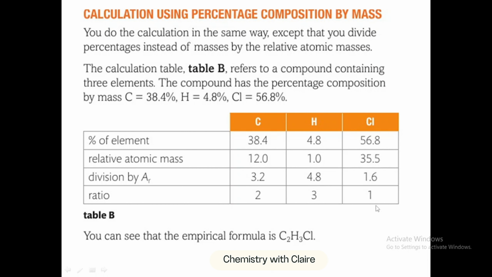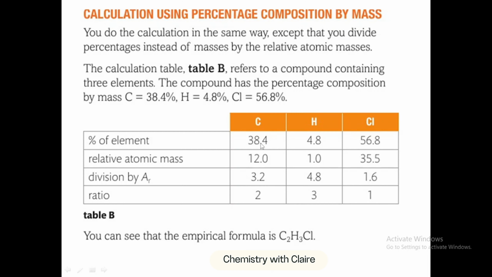We can also find the empirical formula using the percentages. If the percentages are provided, then it is great, but if sometimes in a compound there are three elements present and you have the percentages of only two, the third one can be found out by subtracting the previous two from 100.